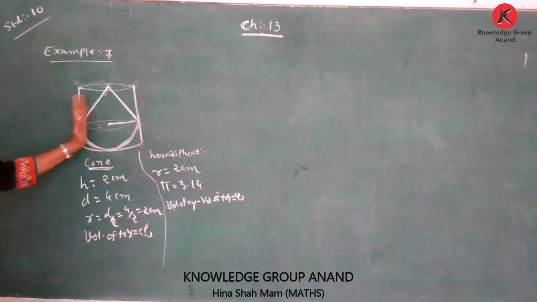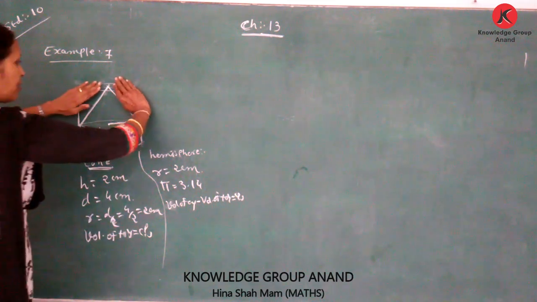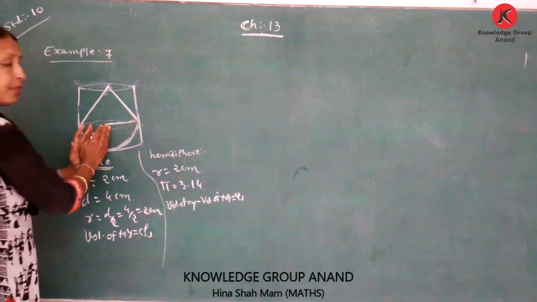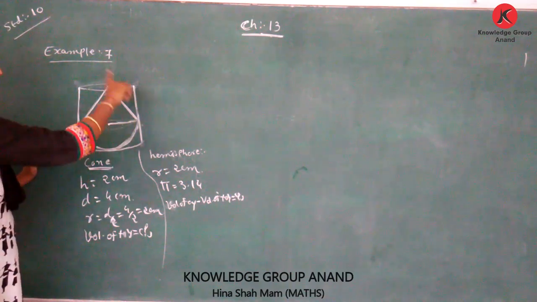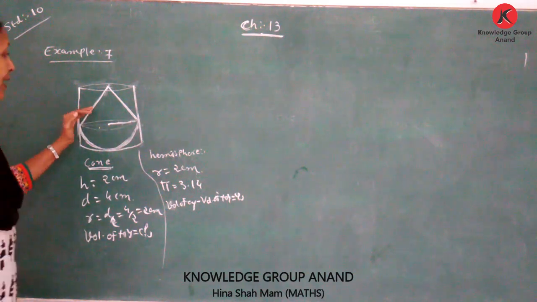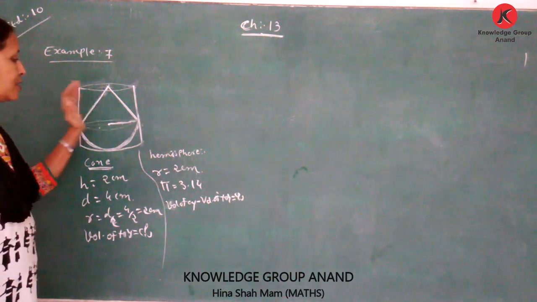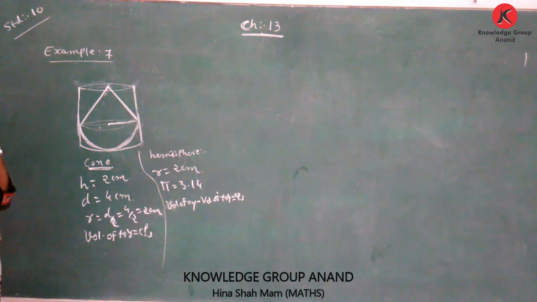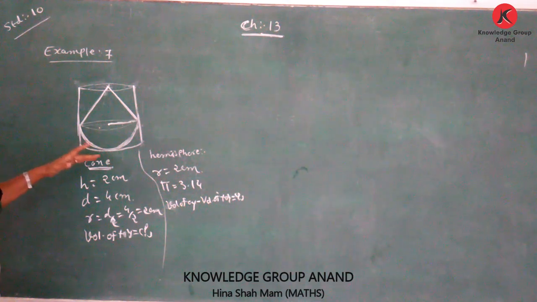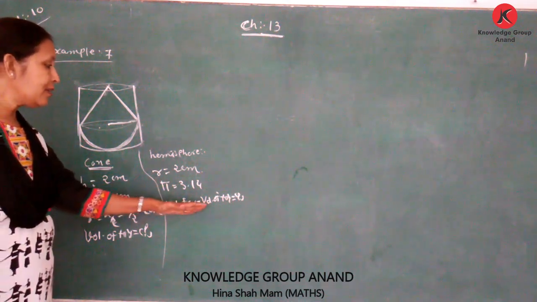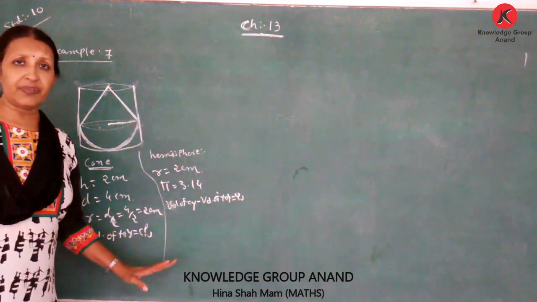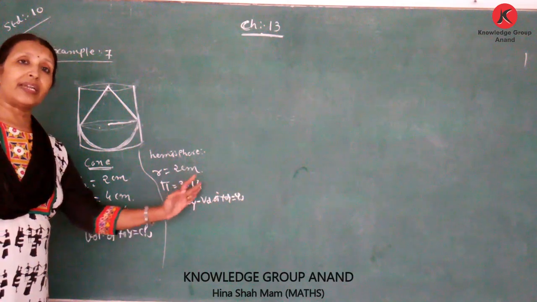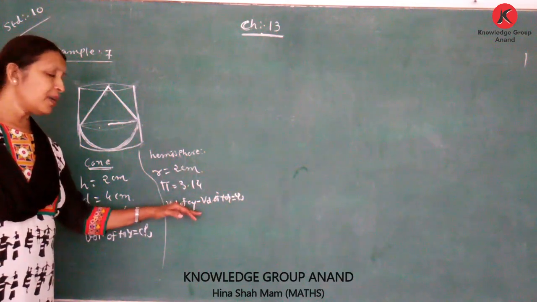Then find the volume of the toy. If a cylinder circumscribes the toy, then find the difference of the volume of the cylinder minus the volume of the toy. First we find the volume of the toy, then the difference of the volume of the cylinder.